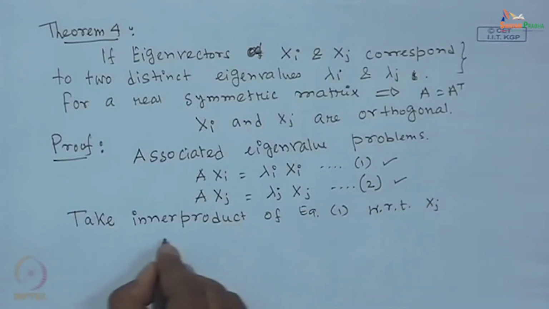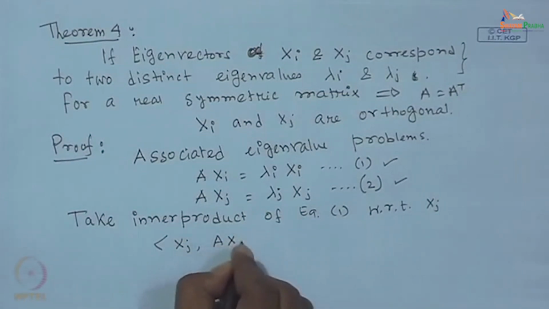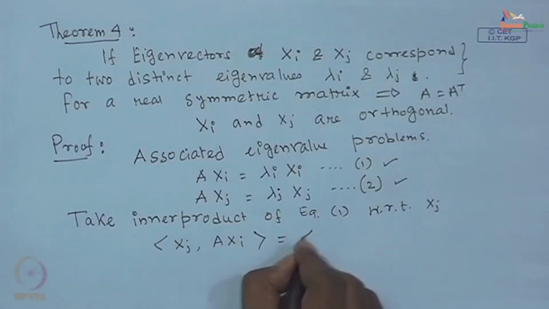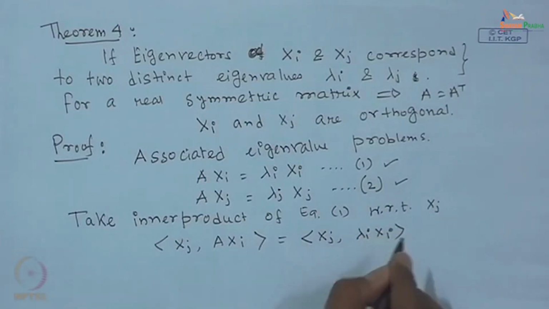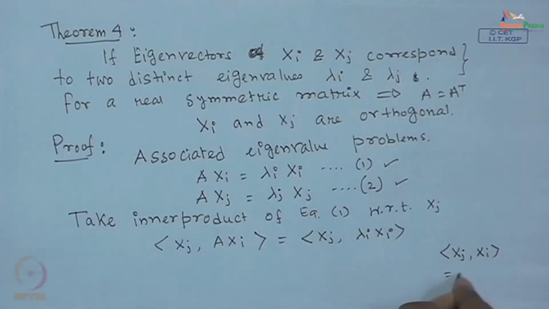If we take the inner product, we will get x j comma A x I is equal to the inner product of x j and lambda I x I. If we remember, we have proved this property in the last class, for A transpose.